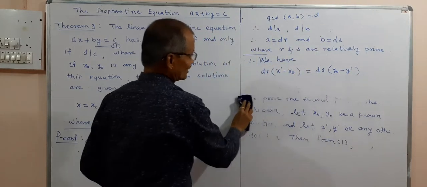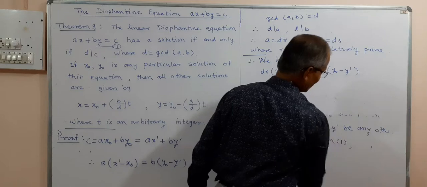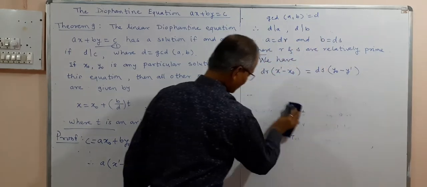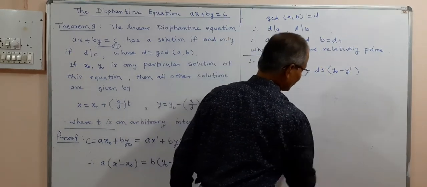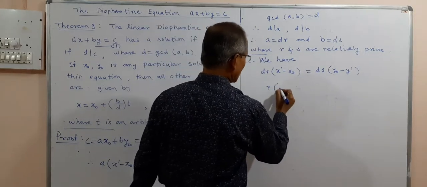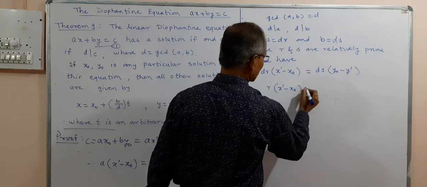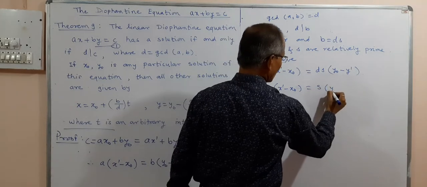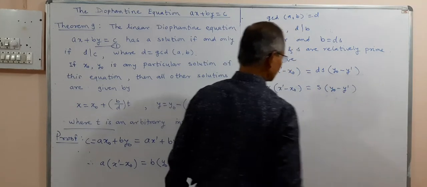And now we see d is common on both sides, can be divided, and therefore the equation becomes, or the equation remains as r into x dash minus x naught is equal to s into y naught minus y dash.